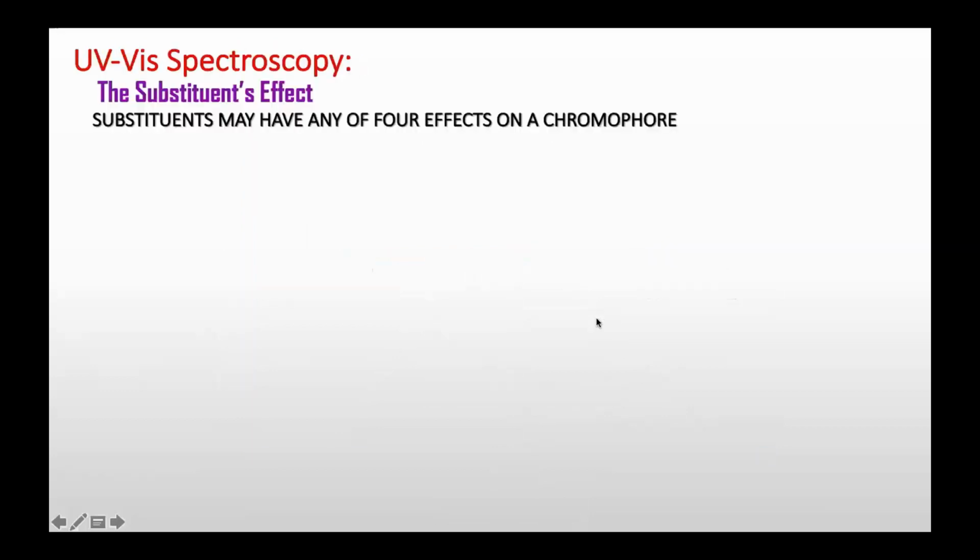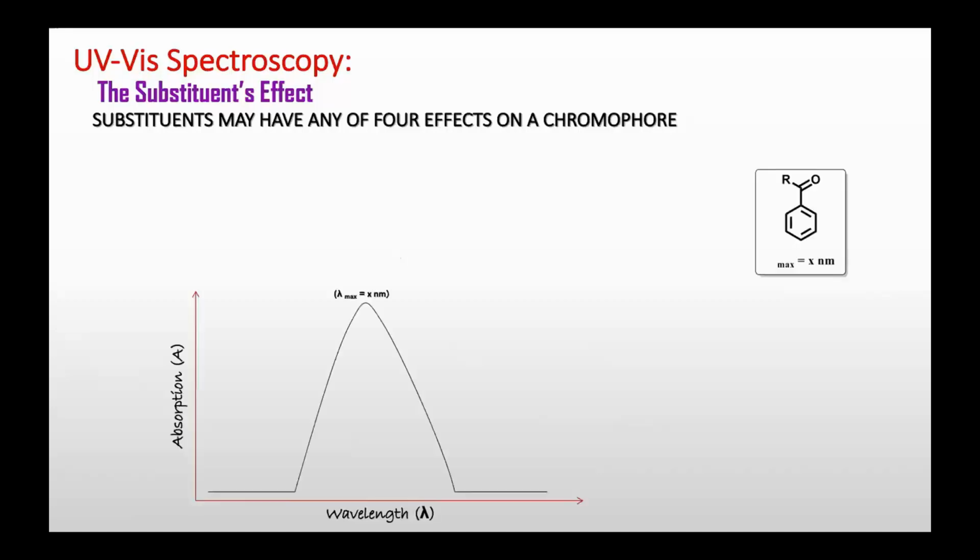In other words, a substituent may have any of four effects on a chromophore. If you have a lambda max for a chromophore and you substitute it with a group, it can change its lambda max and its absorption intensity. For example, this is a chromophore which shows lambda max at X nanometers, and this is the UV spectrum for this molecule.